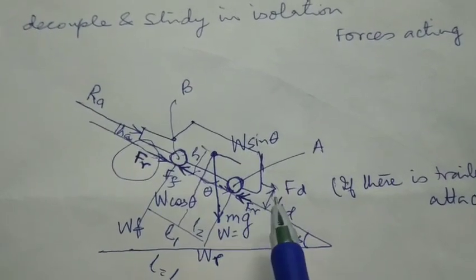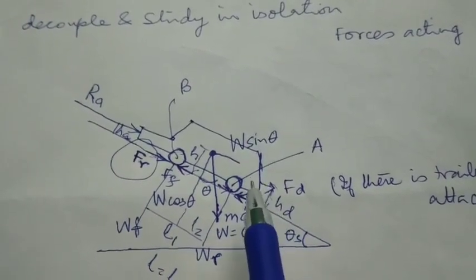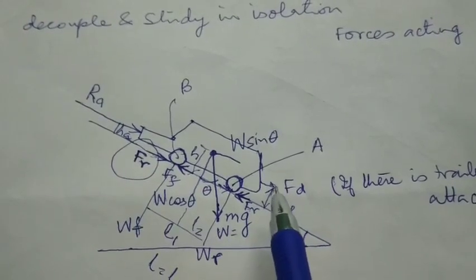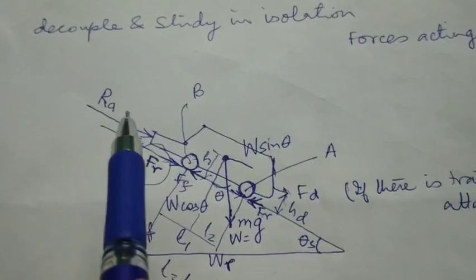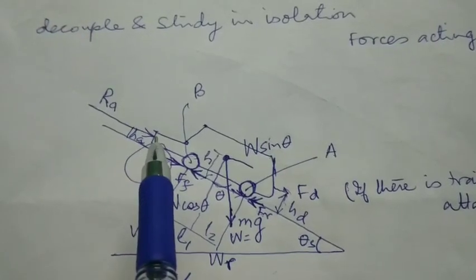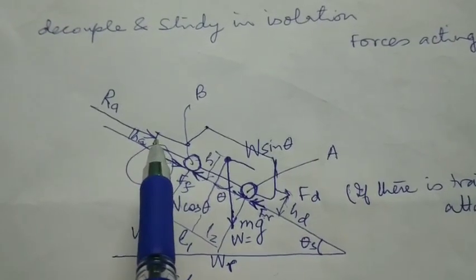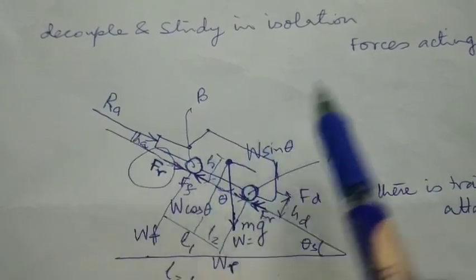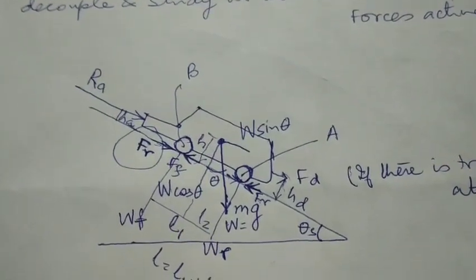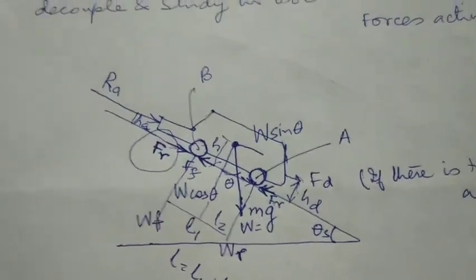I forgot. The height of the force acting for the trailer which is being attached is hD, and the height of the point at which the aerodynamic force is acting is hA. So hA is the height of the point at which the aerodynamic force is acting.